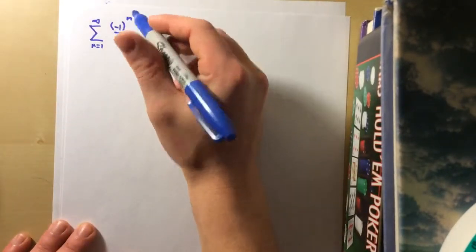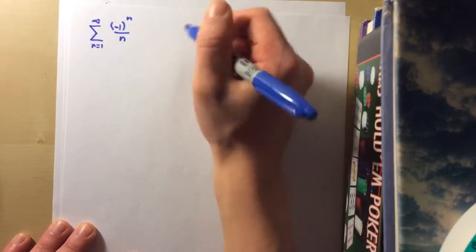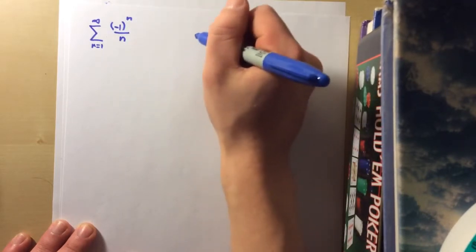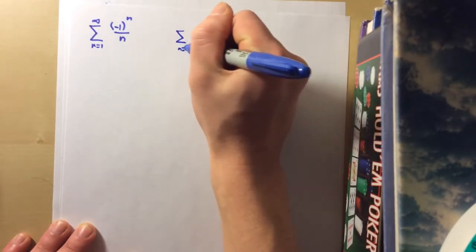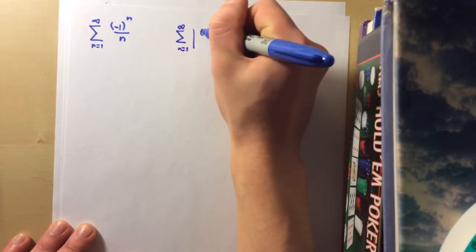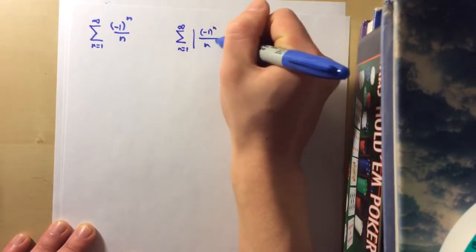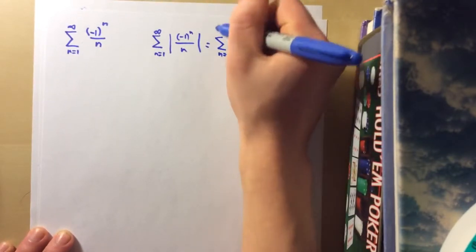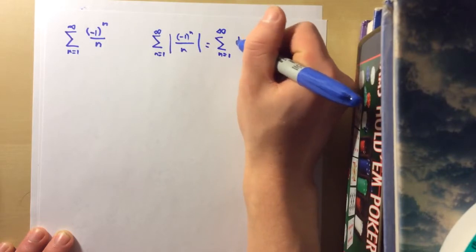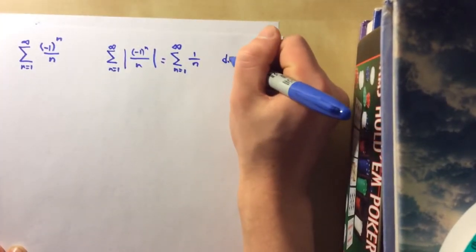So, the first thing we do, let's remember, is we check if the absolute value converges. Well, you should already know that if we just take the absolute value, we're getting rid of this negative 1 to the n. So the absolute value is just equal to the harmonic series, which diverges.